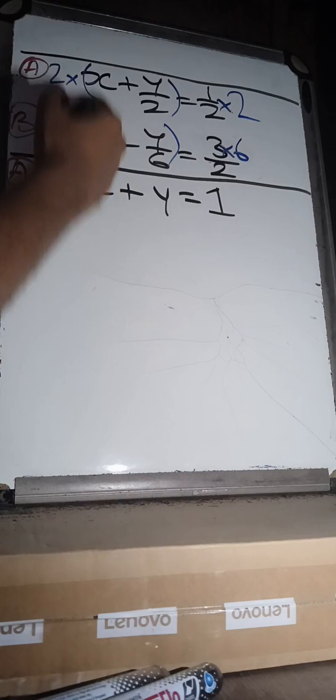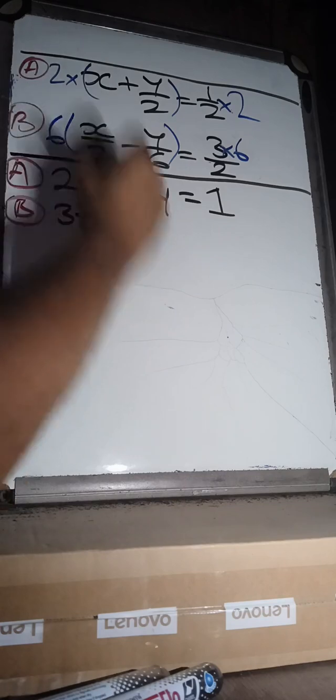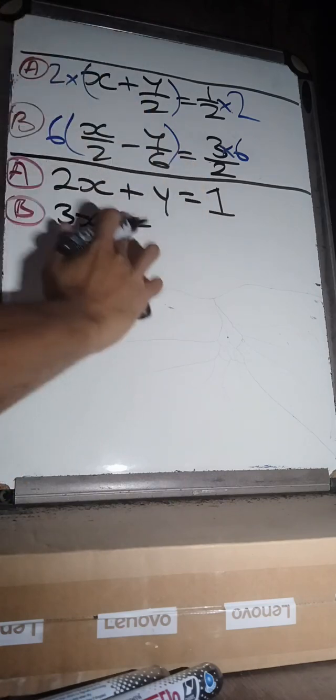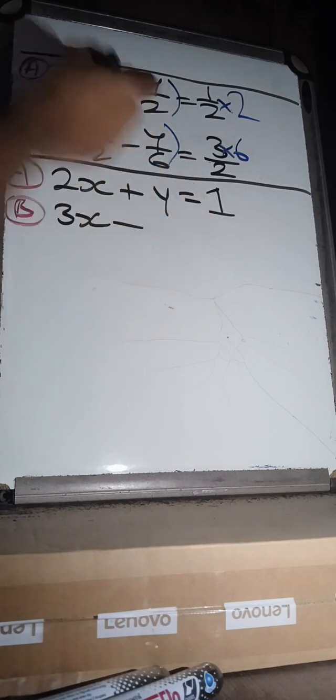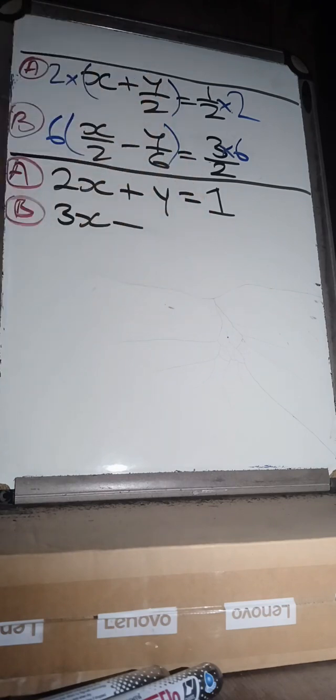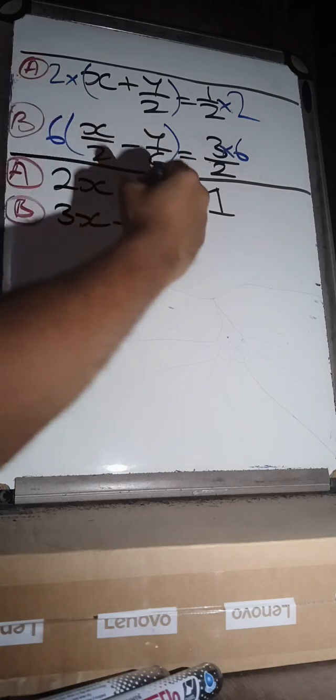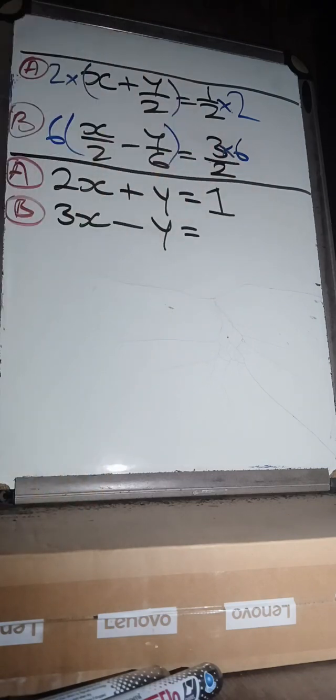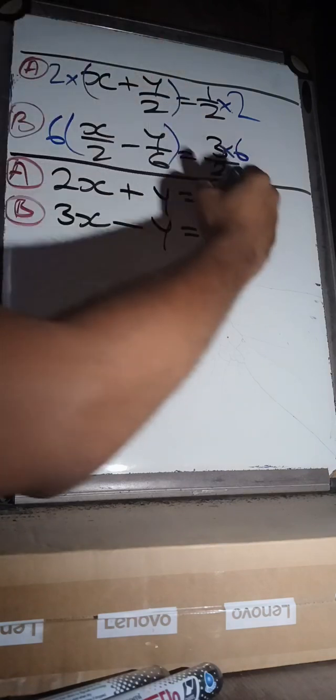Now 6 over 2, 3 times x, we have 3x here. y over 6 times 6 is going to be y right here. 6 over 2, 3 times 3, that's 9. Or 18 over 2 is still 9.